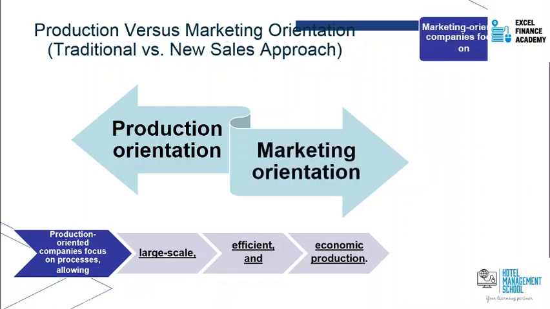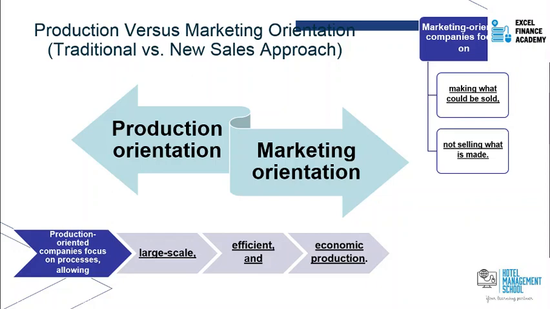And then marketing orientation. Marketing orientation is based on making what can be sold, and not selling what is made. Marketing orientation means you make what can be sold, not sell what is made.